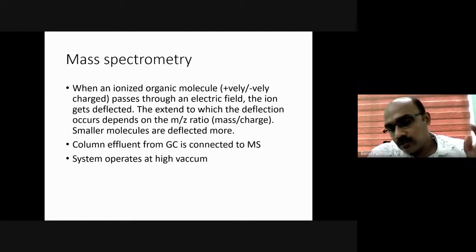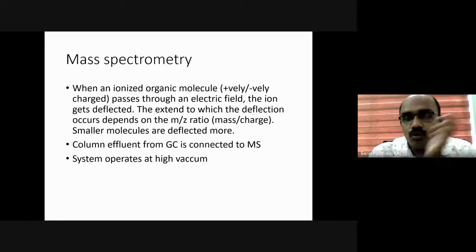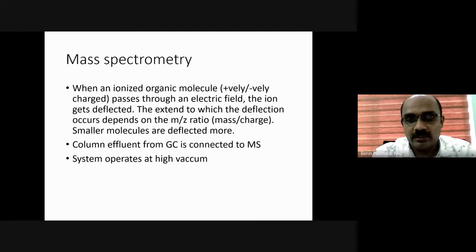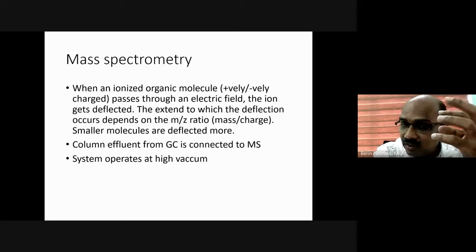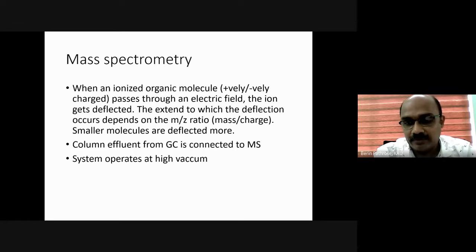Say you have two compounds with the same physicochemical properties, but they have different molecular weights. Same physicochemical property but different molecular weight.